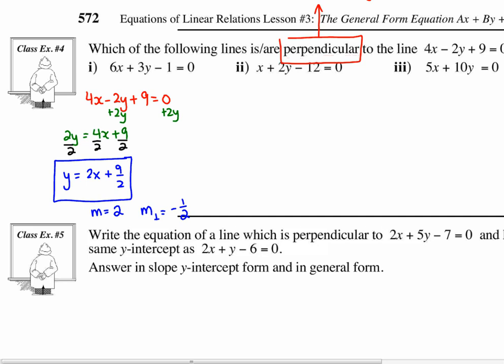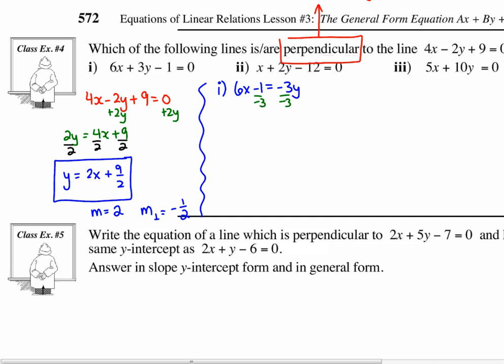So what we need to do is make each one of these into slope-intercept form. The very first one, I'm going to subtract 3y, and then divide everything by negative 3.